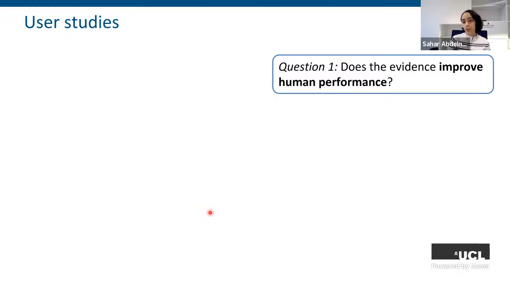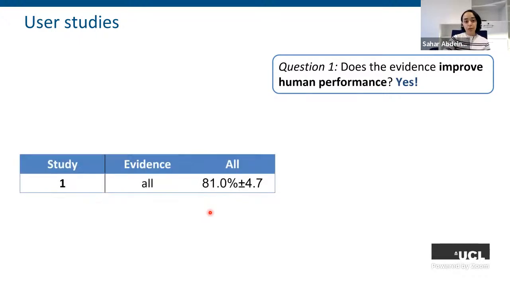So what we did here is that we selected a sample of 100 pairs of images and captions, and we showed them to users through Mechanical Turk, and then we asked users to decide whether these pairs are pristine or falsified, given the evidence. So we also showed them the evidence that we retrieved. And we found here that compared to the similar study that was reported in the original paper, we achieve around a 16 percentage point increase in human performance over the original study.